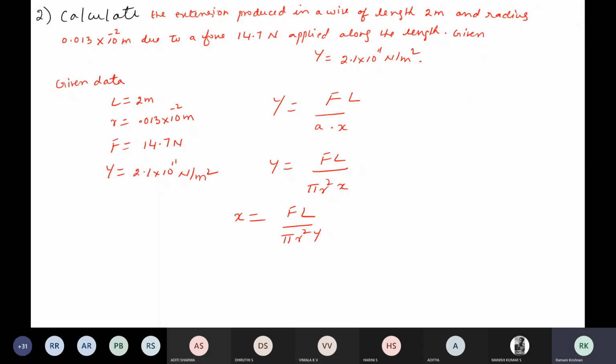I'm going to ask a particular student. In the previous case, diameter was given, and you had to find the radius, d by 2, and substitute there. Okay, right.